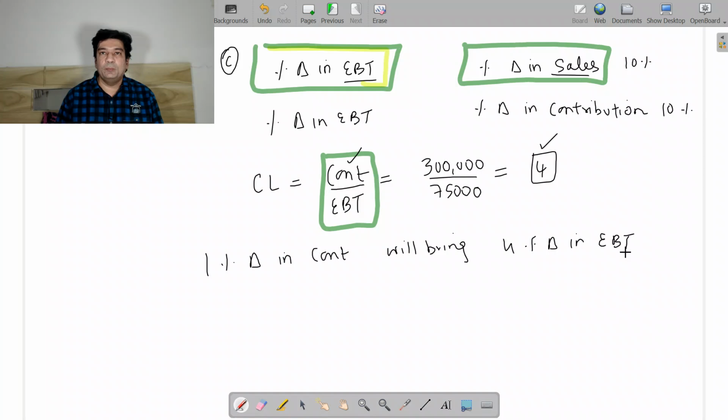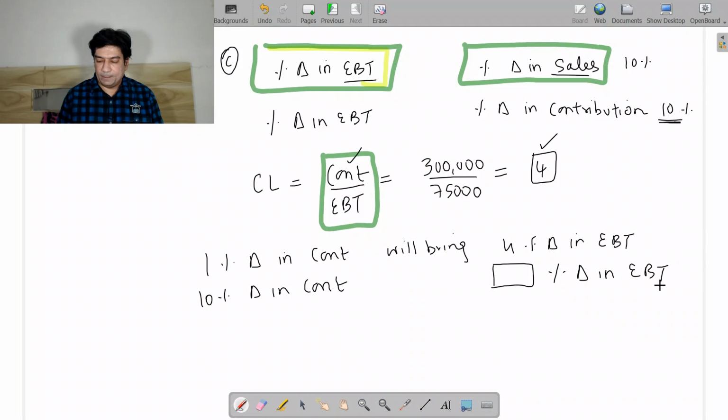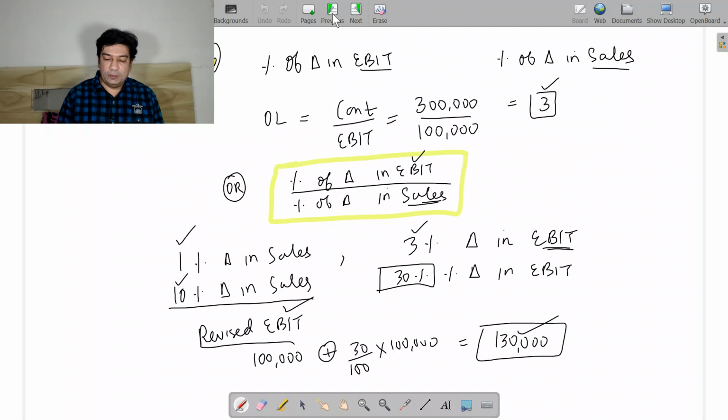This way you have to interpret. Now your contribution will rise by 10%. So 10% change in your contribution will bring some percentage change in your EBT. So 10 into 4 is 40%. So I can say your EBT is going to rise by 40%.